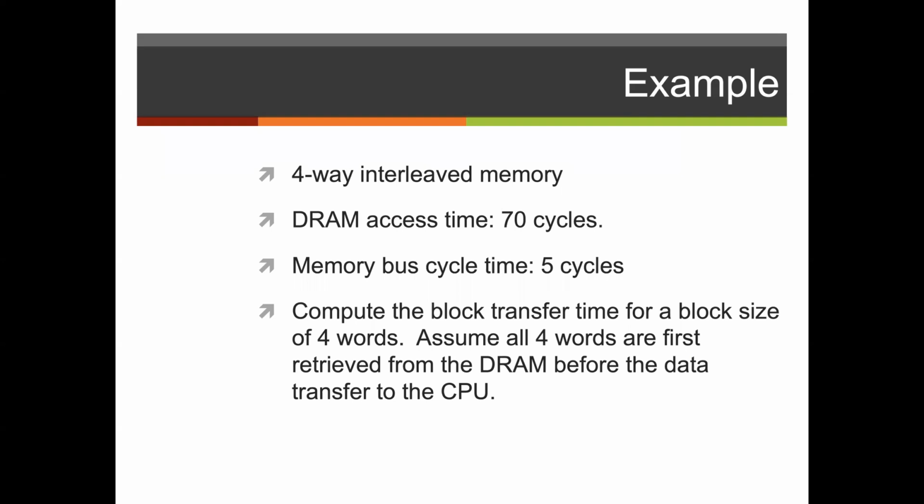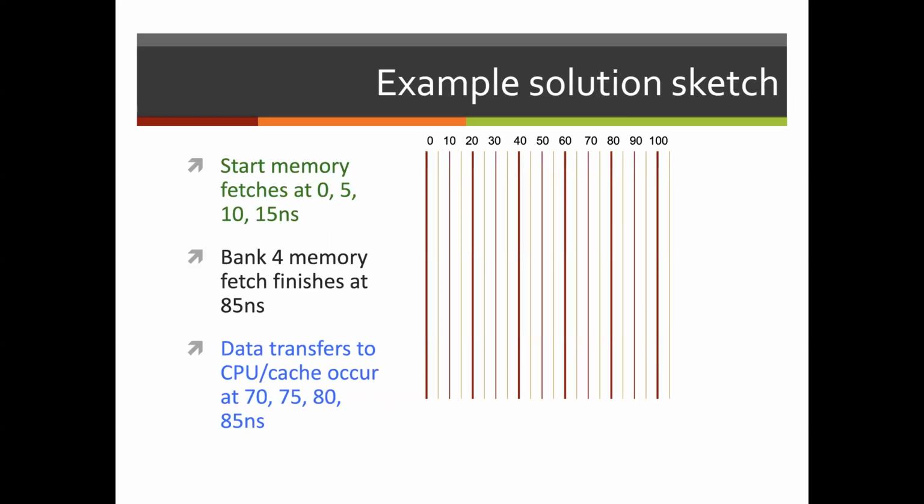An example that we can consider is a 4-way interleaved memory. We can assume DRAM access time is going to be 70 cycles and memory bus cycle time is 5 cycles. How can we compute the block transfer time for a block size of 4 words and assume all 4 words are first retrieved from the DRAM before the data transfer to the CPU? Well, the thing to consider is that we'll start memory fetches at 0, 5, 10, and 15 nanoseconds.